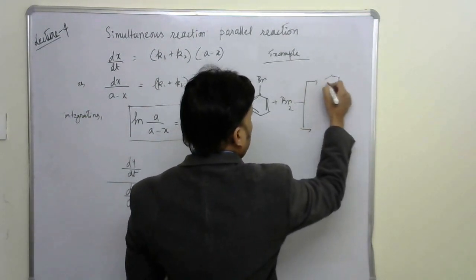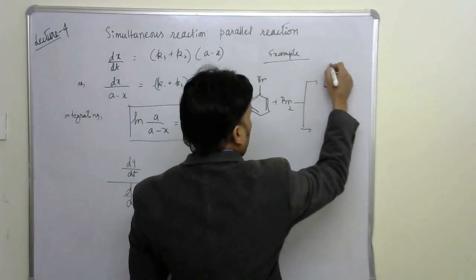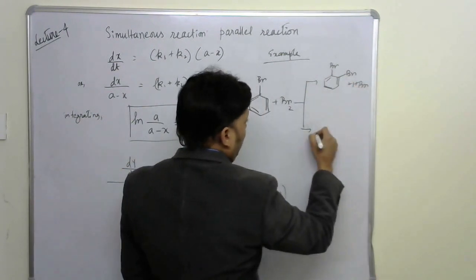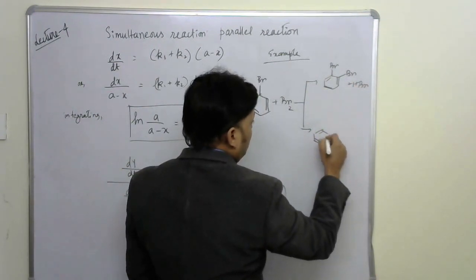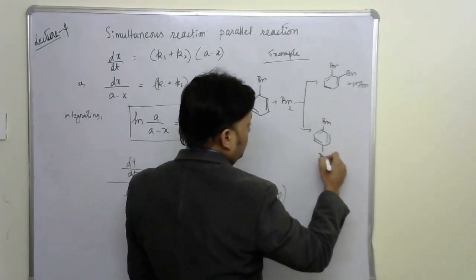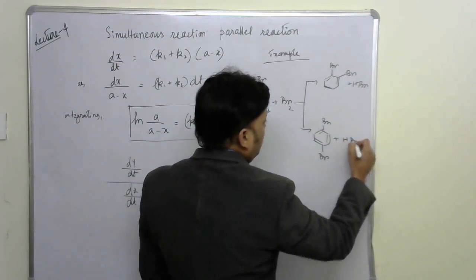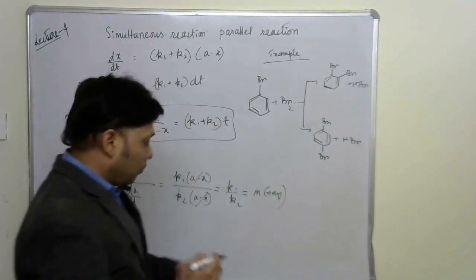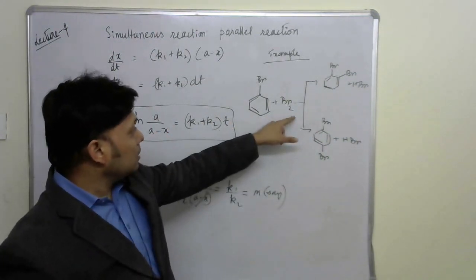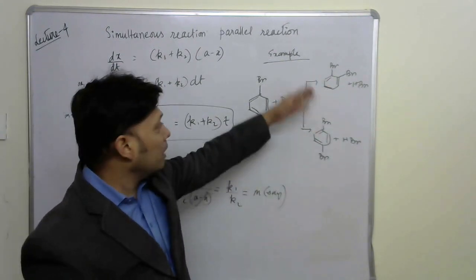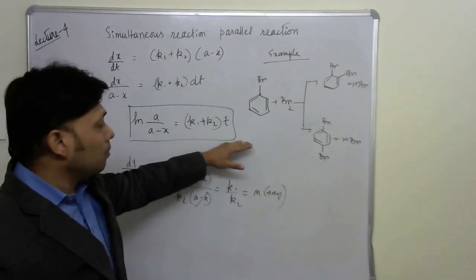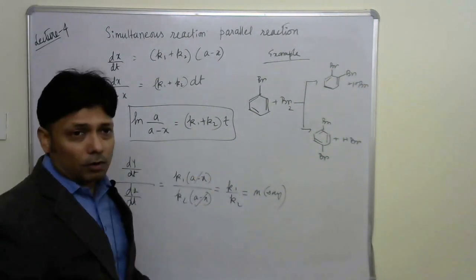One product is definitely this: one bromine gets into the ortho position plus HBr, and we also get, in parallel, another product where the bromine goes to the para position plus HBr. So we have an ortho substitution here and a para substitution here. So from this it goes parallel. One rate constant can be k1 and another is k2, and the entire kinetics can be followed by this rate equation. All right.